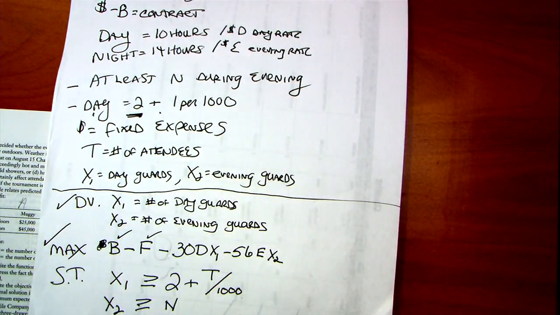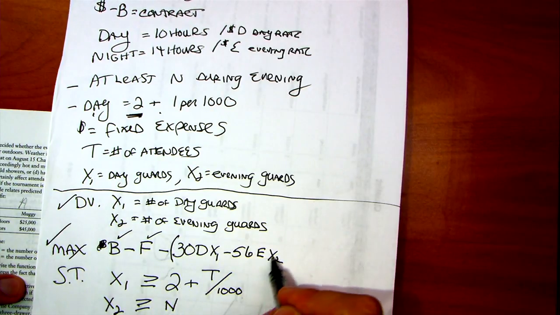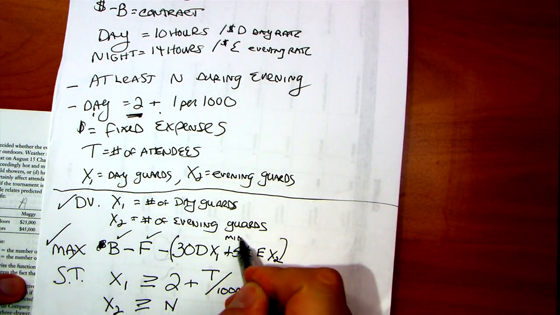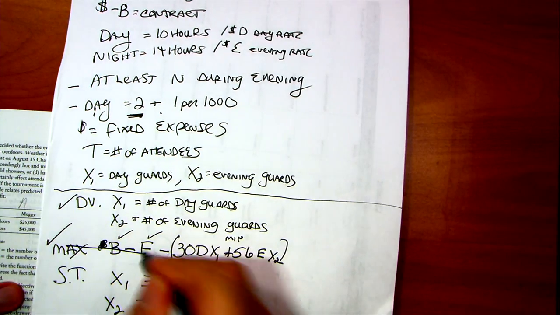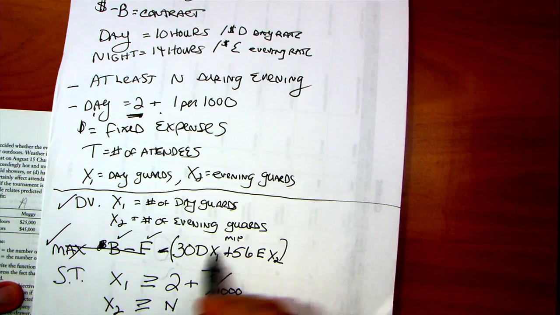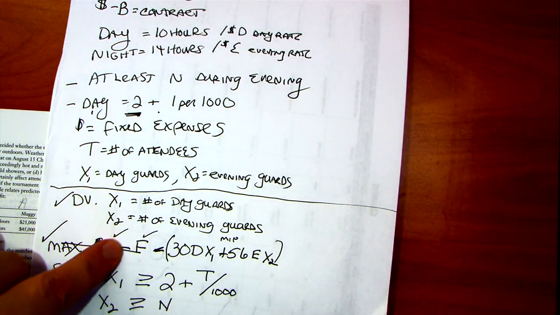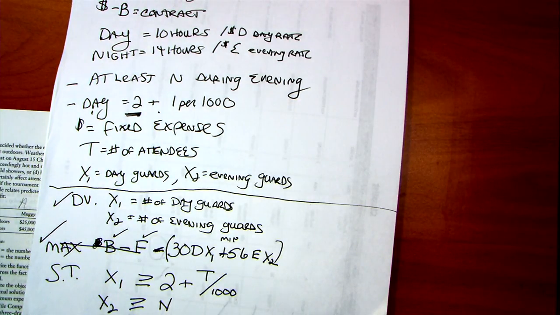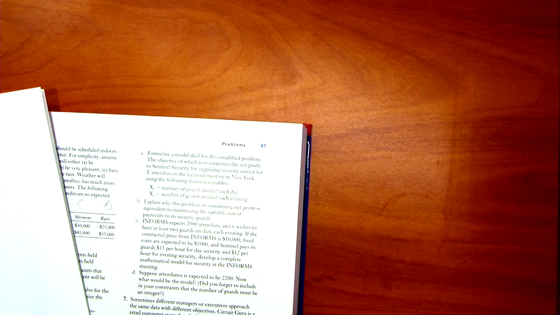This is the contract coming in. So if we want to maximize this whole thing, we really want to minimize this component, right? So if I rewrote this whole thing as minimize 30 d x1 plus 56 e x2, it would give me the same exact answer, no matter which way I did it, because these are eventually going to be constants, right? I swear to you, if I solve this, it would give me the same exact answer.